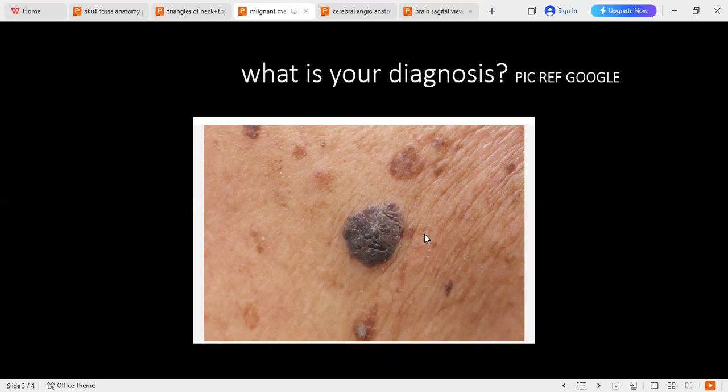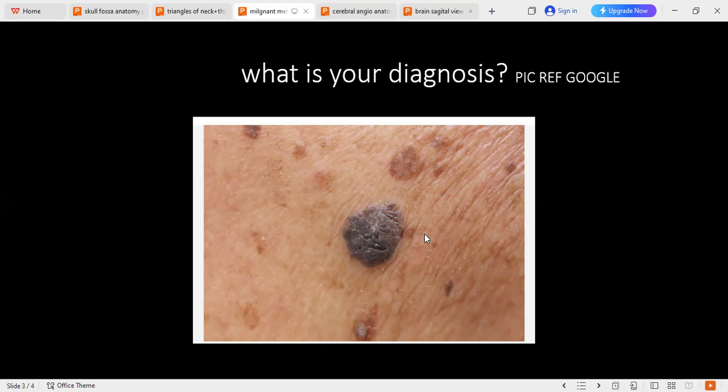Okay, how would you differentiate malignant melanoma from squamous cell carcinoma? What are their major differences? Squamous cell carcinoma arises from the epithelium of the skin, while the melanoma arises from the melanocyte itself, from the lower layer of the epidermis, from any part of the body.